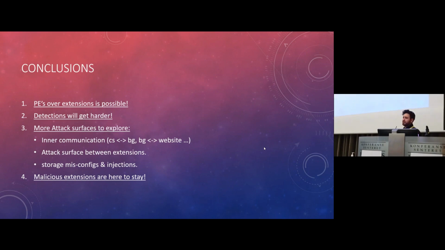And there are huge attack surfaces to explore. I think I just got the tip of the iceberg. We have a lot of attack surfaces and new things that are going to be connected and integrated together. We need to inspect much more. And, well, this depends on which side you are on, but unfortunately or fortunately, malicious extensions are here to stay.